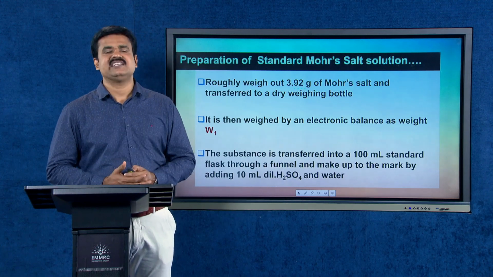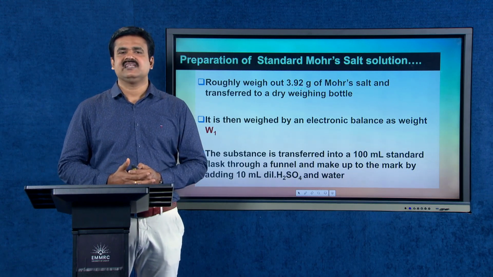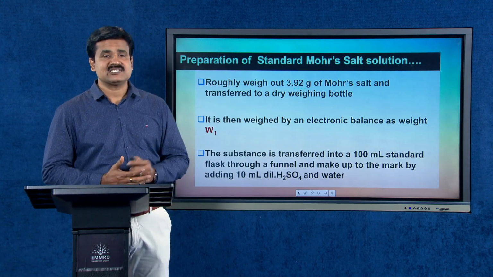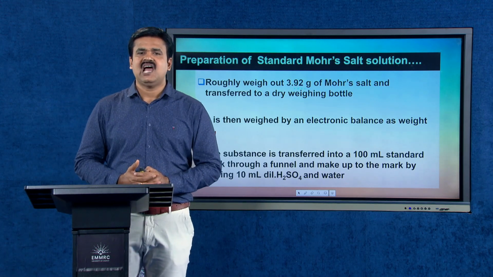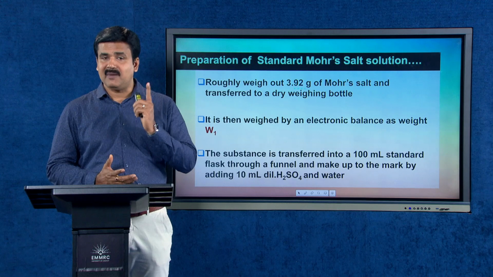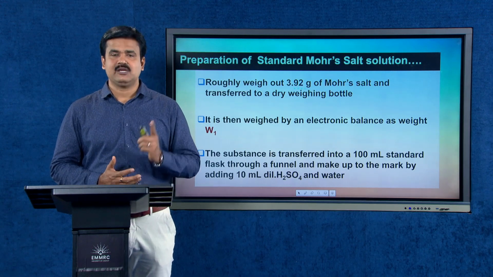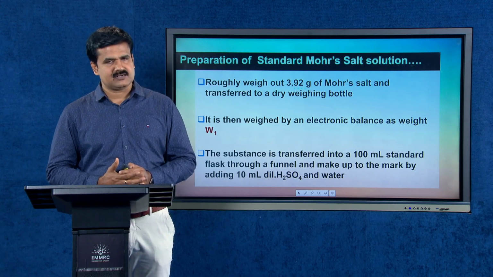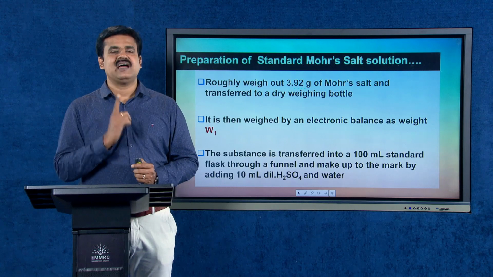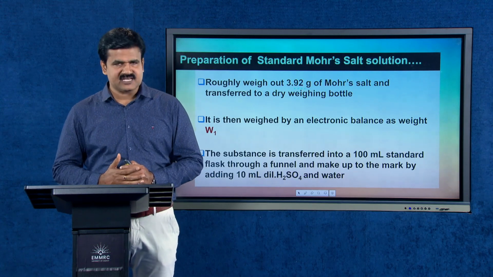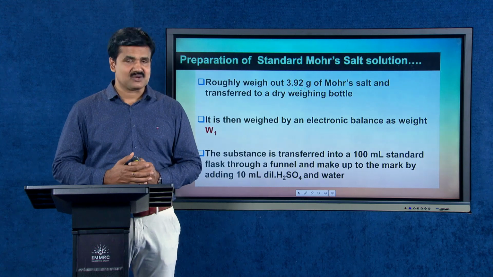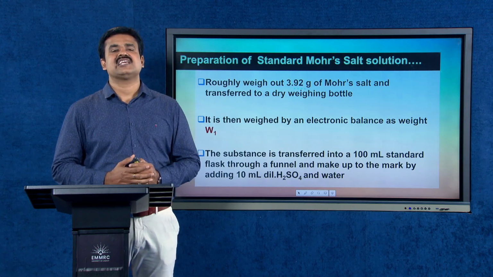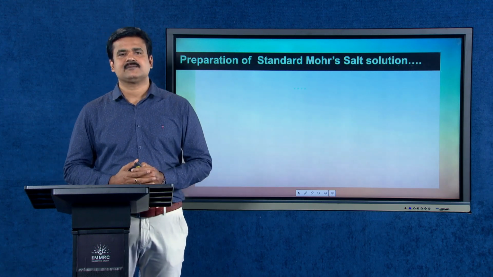The Mohr's salt present in the weighing bottle is now transferred to a 100 ml standard flask through a funnel and made up to the mark by adding 10 ml dilute sulfuric acid and water. Remember, you must add 10 ml dilute sulfuric acid while making up the solution to 100 ml, because dilute sulfuric acid can prevent the hydrolysis.